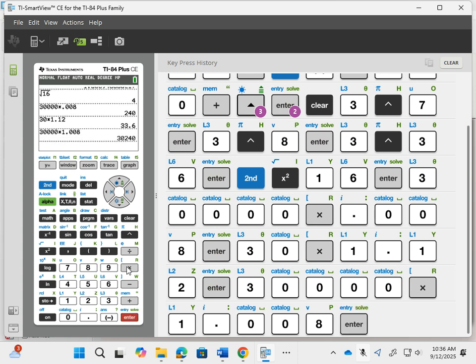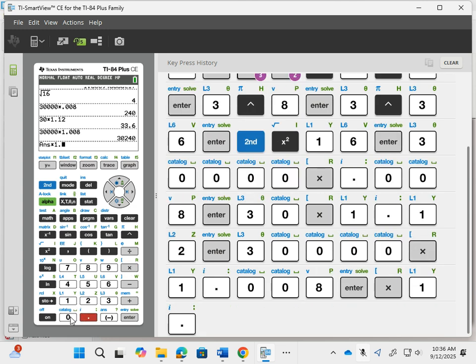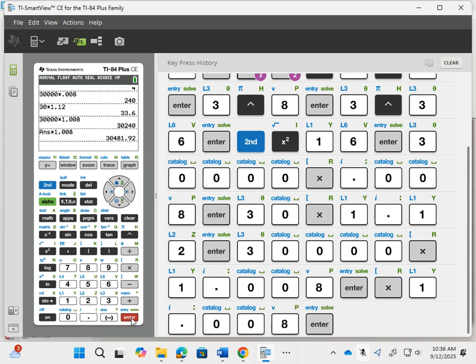If I just hit my multiplication button and do 1.008 again, it'll do 2011. And if you push enter again, this is 2009, 2010, 2011, 2012, 2013.